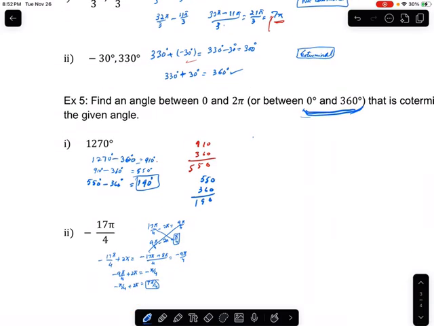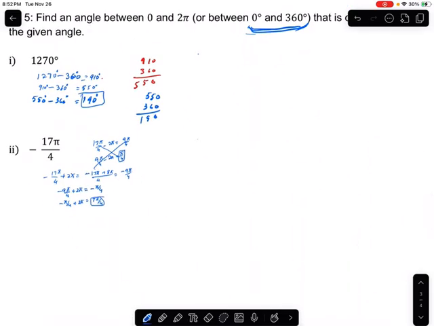So the next one is negative 17 pi over 4. I have done it here, but let's do it again. So negative 17 pi over 4 plus 2 pi. That's how I will start, because it's a negative angle, so we must add. It gives me negative 17 pi plus 8 pi over 4. 17 minus 8 is 9, so negative 9 pi over 4.